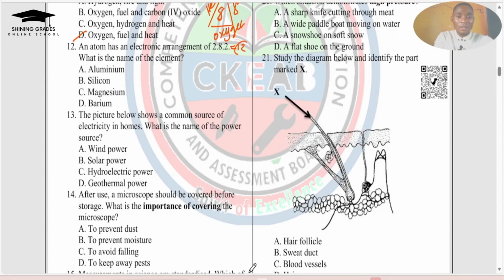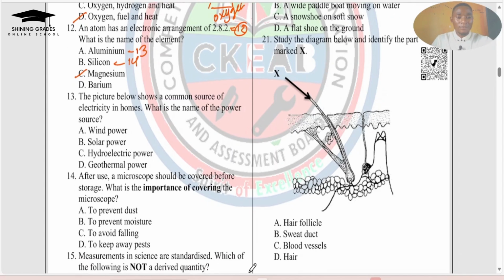This is equal to the number of protons of magnesium, being in position 12 in the periodic table among the first 20 elements. The correct element represented by the arrangement 2,8,2 is magnesium. Aluminium is position 13, silicon is 14, and barium is not among the first 20 in the periodic table. So the correctly matched element is magnesium.